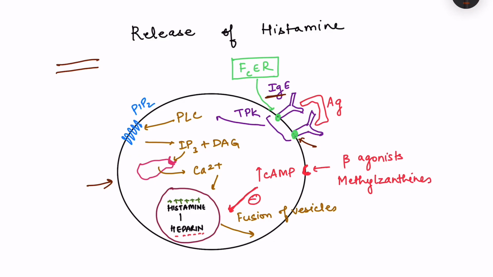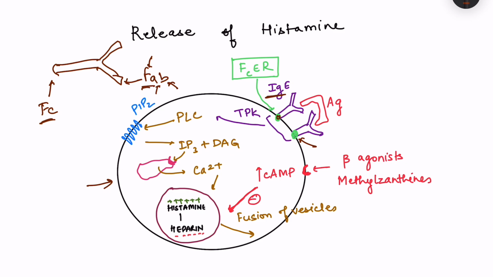Actually, any antibody, if you see, they have an antigen binding region. So here it is antigen binding fragment, A for antigen, B for binding, F for fragment. And the other side is the Fc component, which is responsible for the biological properties of the antibodies. So this region of the antibody binds with the Fc receptor, which is present on the mast cell membrane.